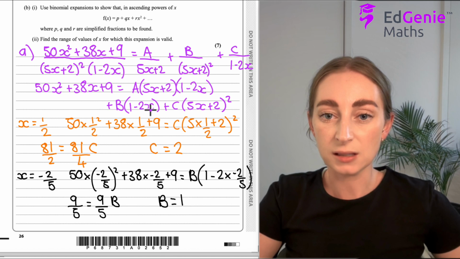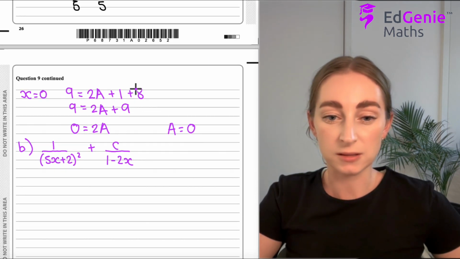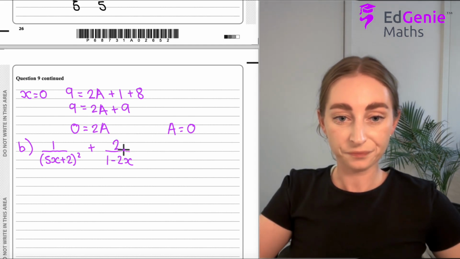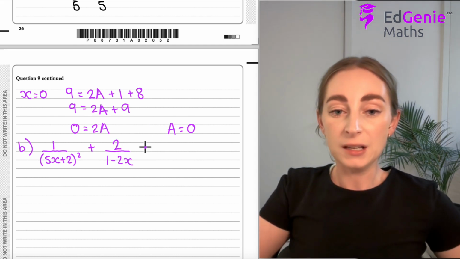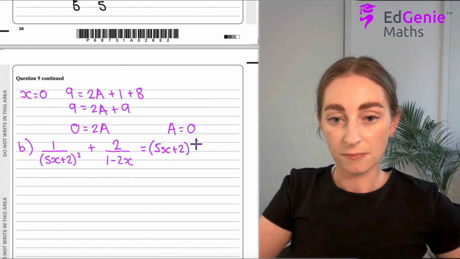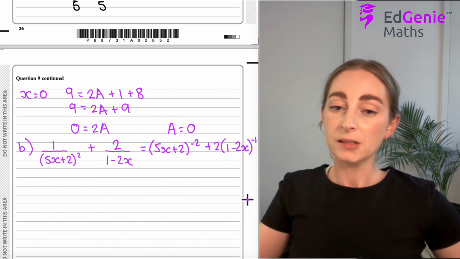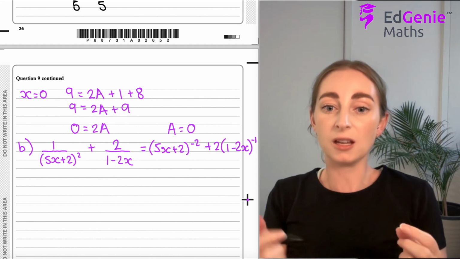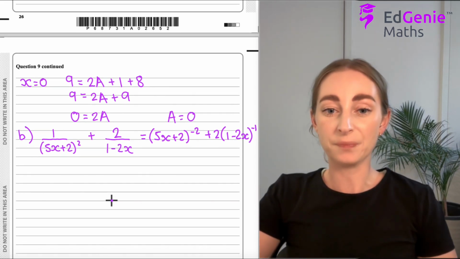Oh, I've put C instead of 2. 1 minus 2x. Yeah. And let's just change that. So that is 2. Okay. Another way of writing this would be like this. Okay, so we've just taken the denominator up to the numerator by putting the power to negative.